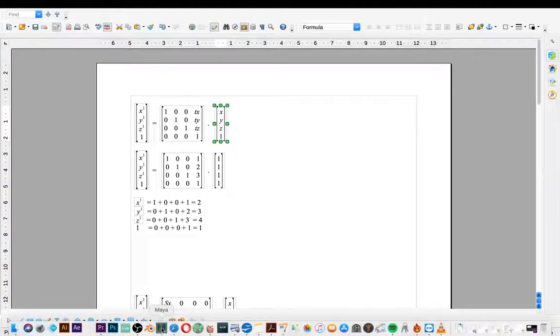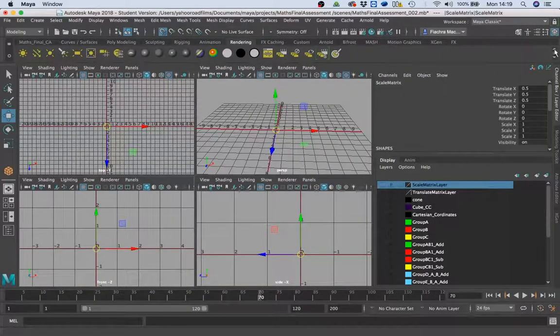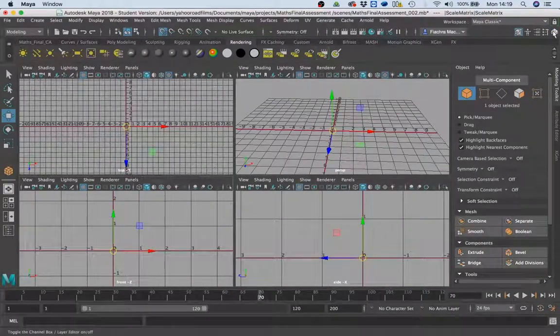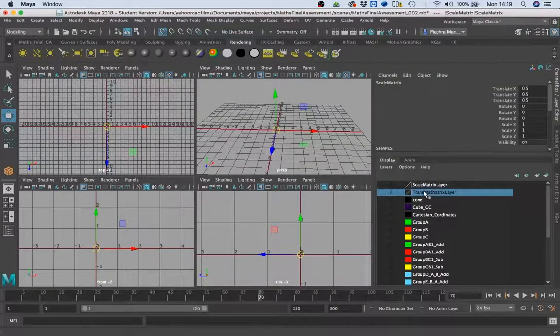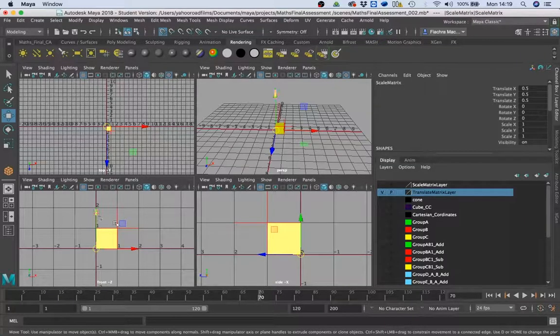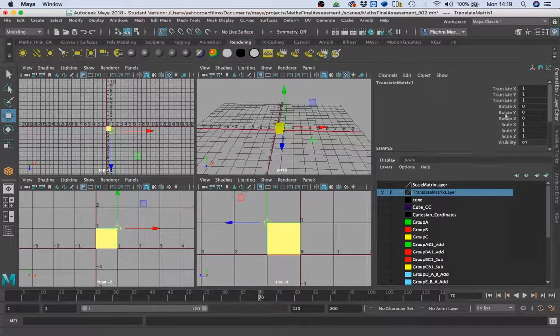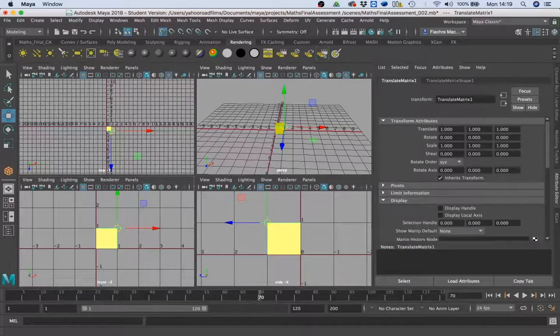So if I go into Maya, I can pull up, so there is my locator, and as you can see, it illustrates it's just at the point 1, 1, 1, 2, 3, and 4.